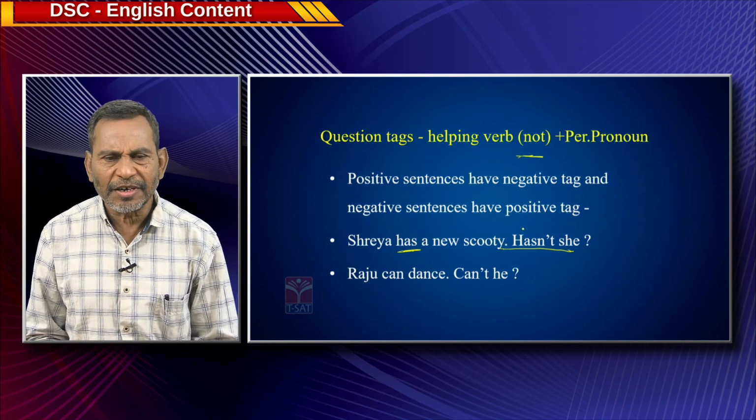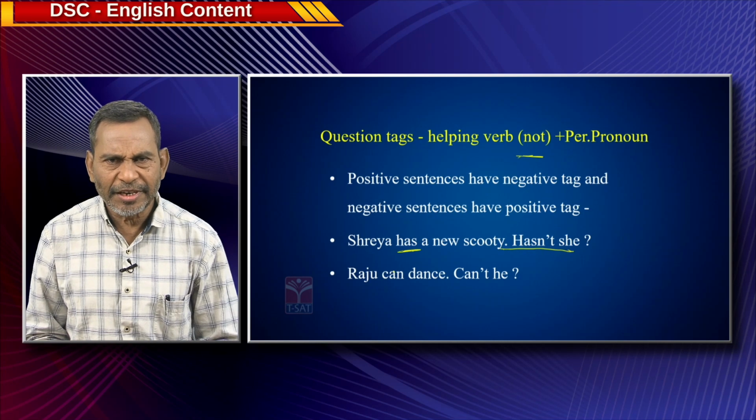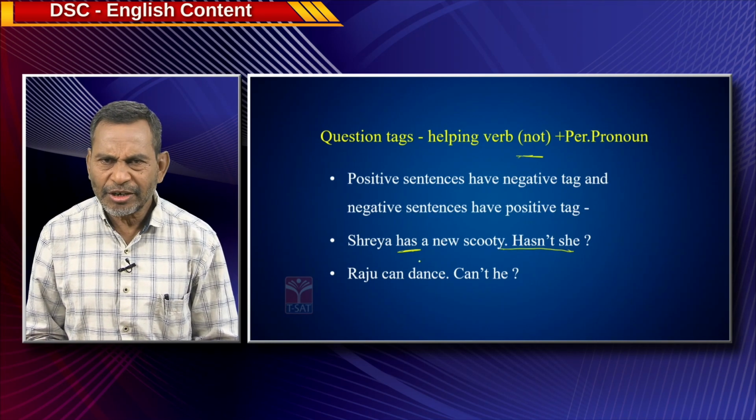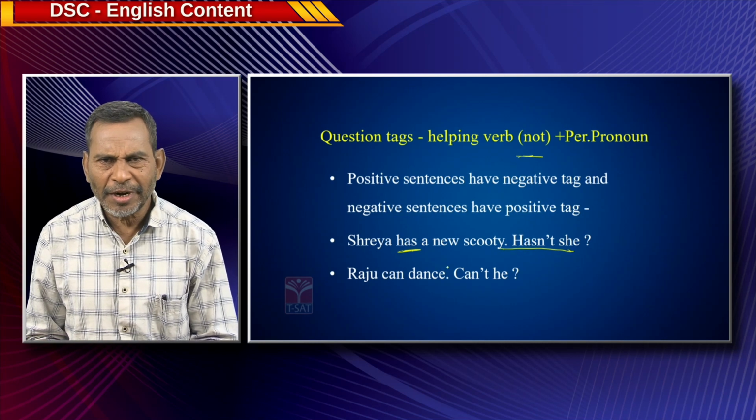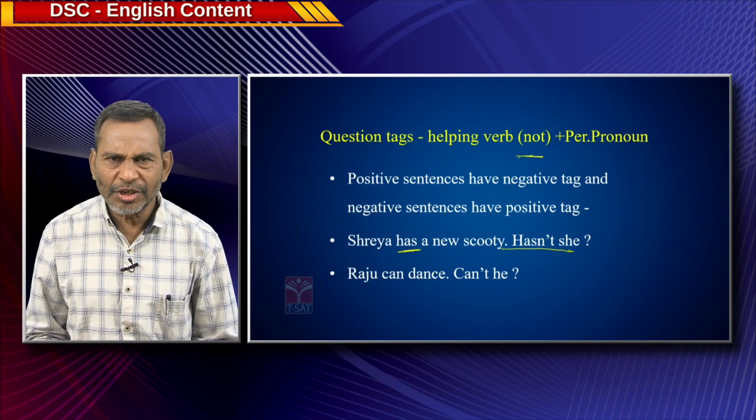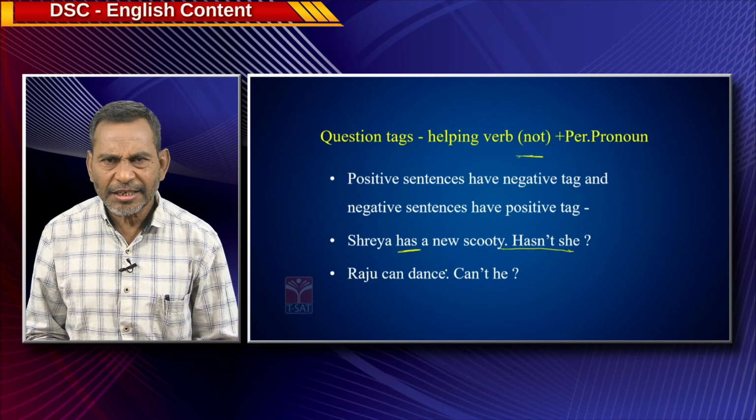Now look at the next one: Raju can dance. Here can is the helping verb, and this is a positive sentence, therefore you should take a negative question tag. Can plus not is can't, and the personal pronoun of Raju is he. In the case of Shreya we made it she, and in the case of Raju it is he: can't he.